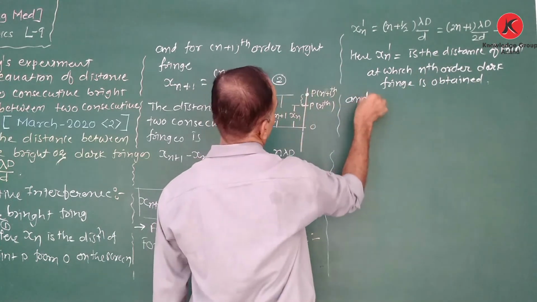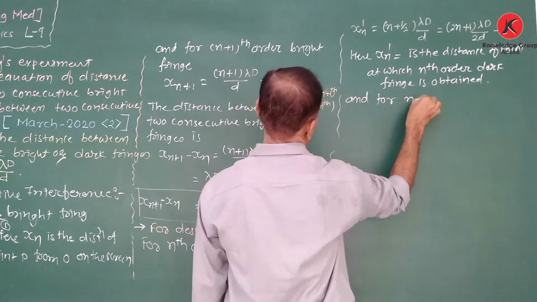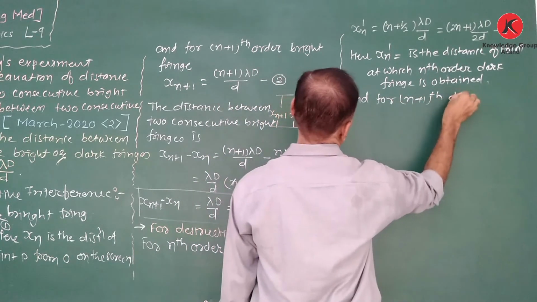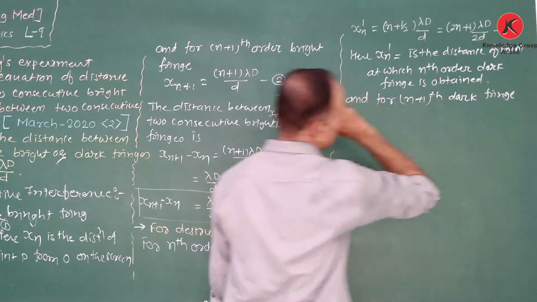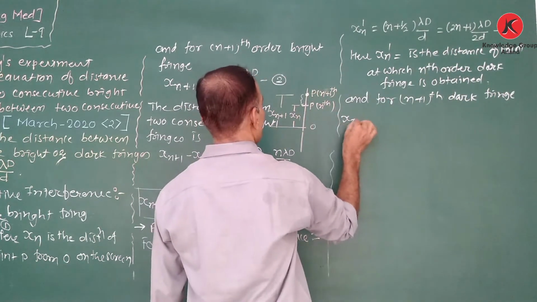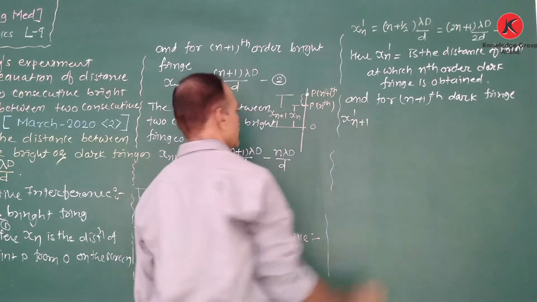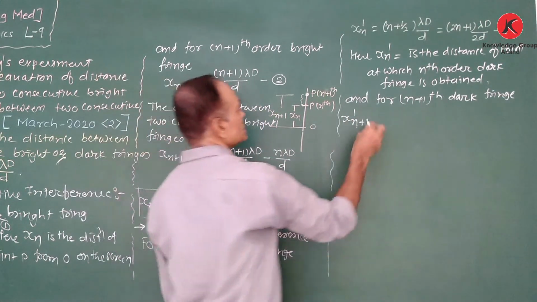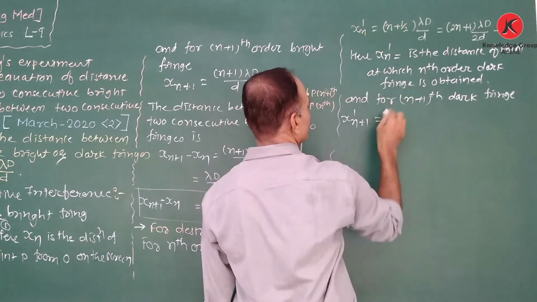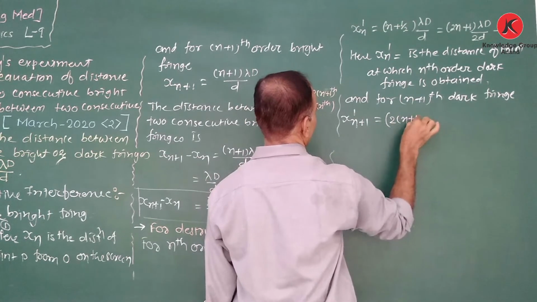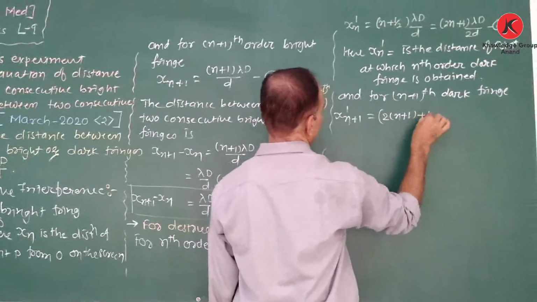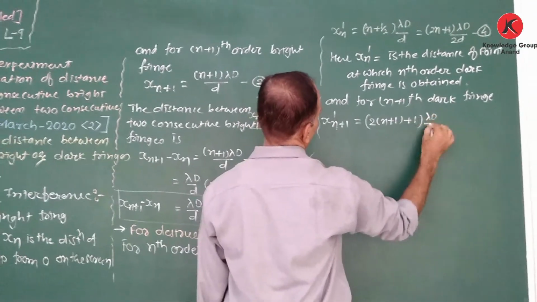And for the n plus 1 dark fringe, we can directly write xn plus 1 dash is equal to, instead of n, we substitute n plus 1. 2 into bracket n plus 1 plus 1 lambda D upon 2d.